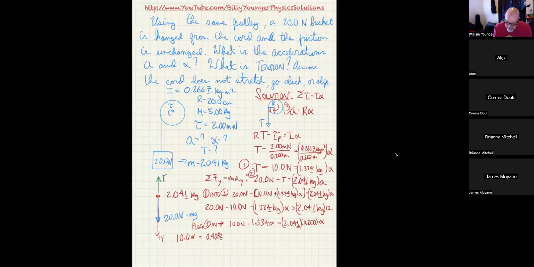And actually that's 2 sig figs beyond what we actually had, times alpha, and then plus 1.334 times alpha. In other words, I pulled the 1.334 alpha over to the same side and then went ahead and factored out the alpha. So alpha is just going to be gotten by taking 10 and dividing it by the sum of those two.